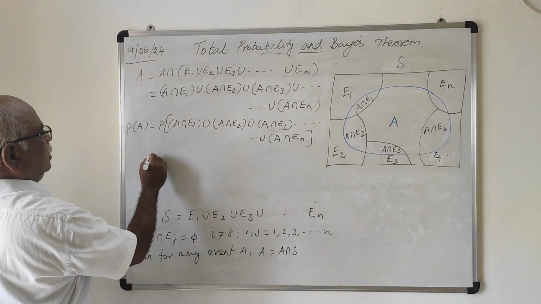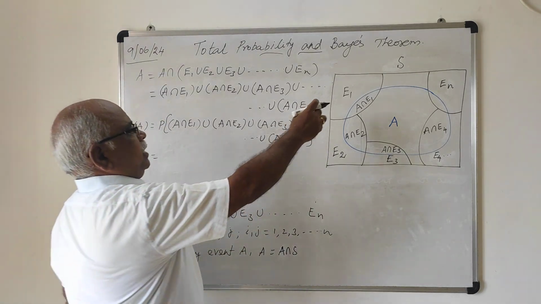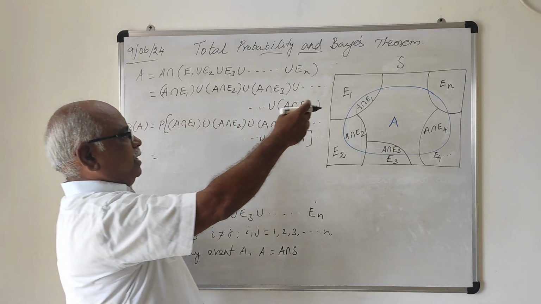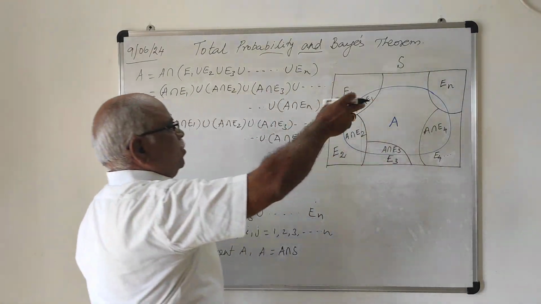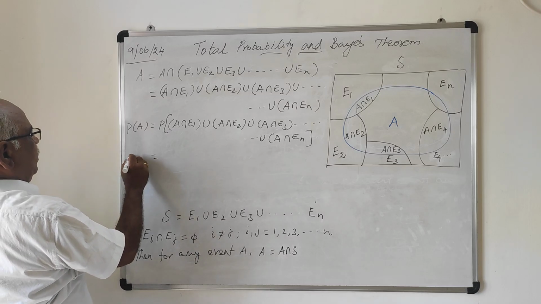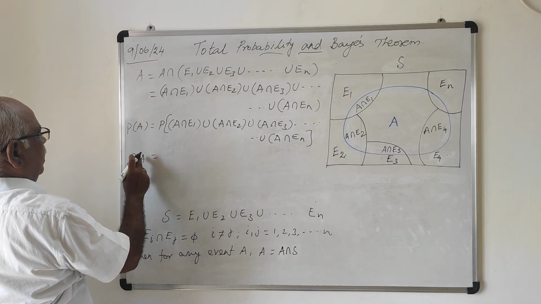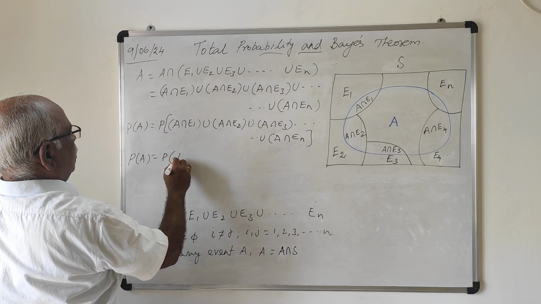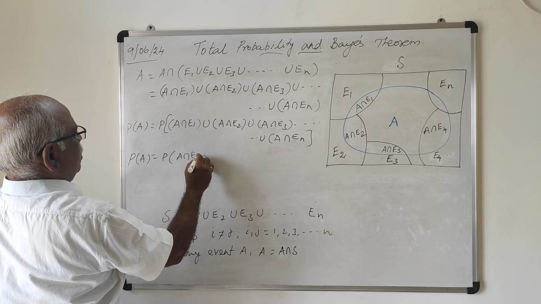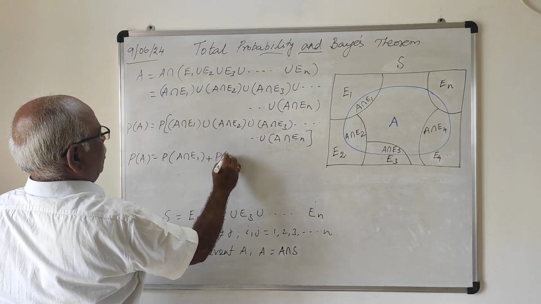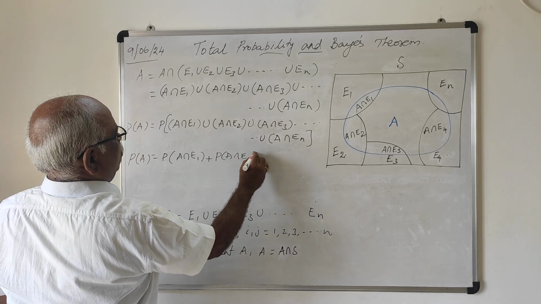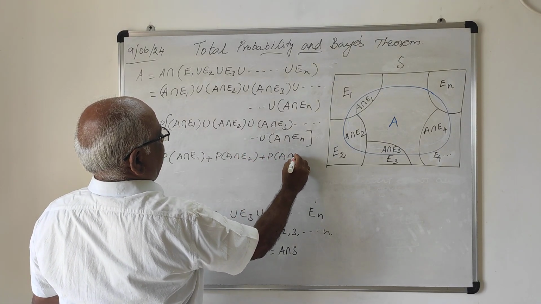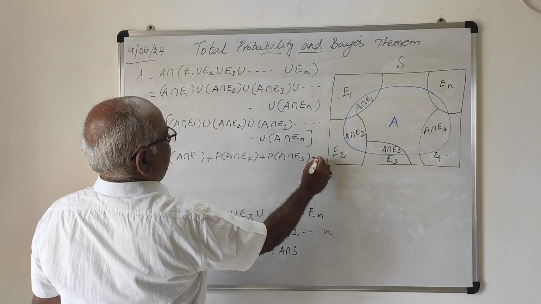Since A intersection E1, A intersection E2, A intersection E3 and so on, A intersection En are mutually exclusive, therefore probability of A is probability of A intersection E1 plus probability of A intersection E2 plus probability of A intersection E3 plus etc.